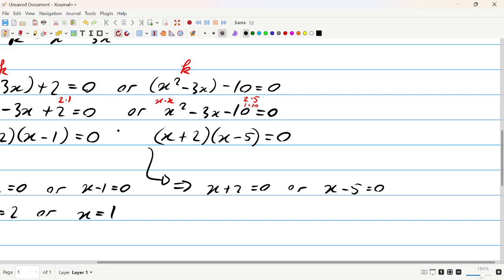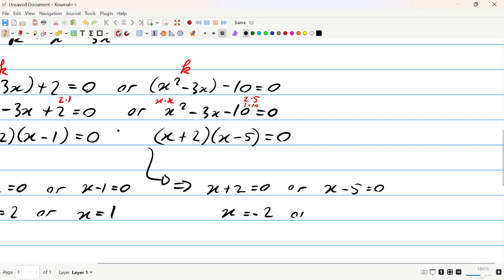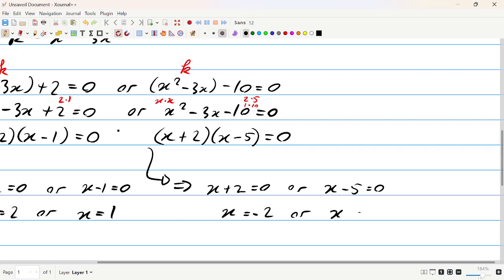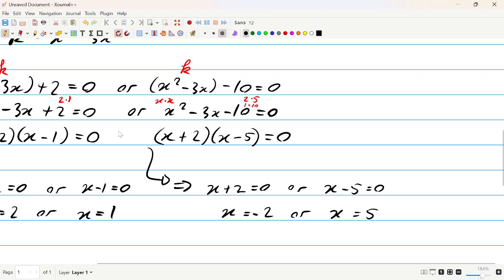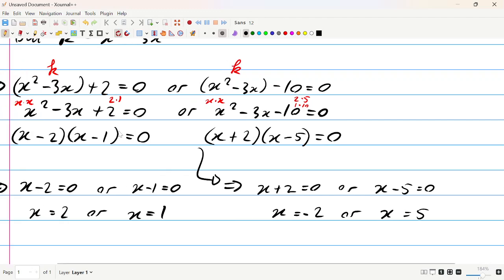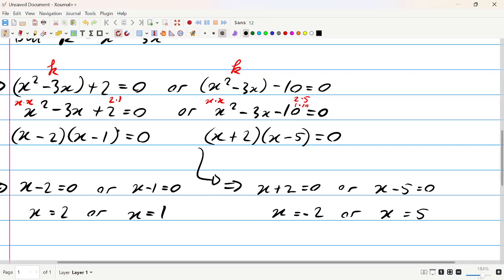And then therefore, what that implies to us is that x is equal to negative 2, or x is equal to 5. Right. There we go. This is negative 2. There we go. There's our values.